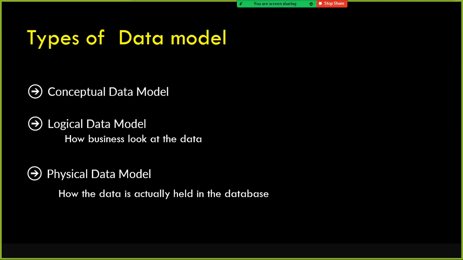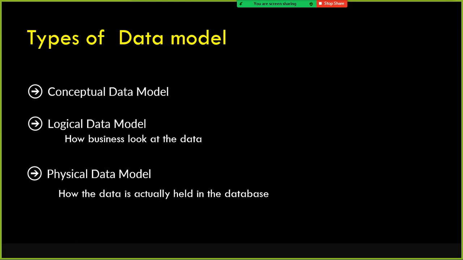There are three types of data model. One is the conceptual model, another one is the logical model, and the physical model. As part of the conceptual model, what we do is we identify all the essential entities and the relationships amongst them.